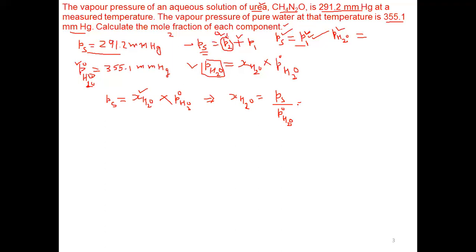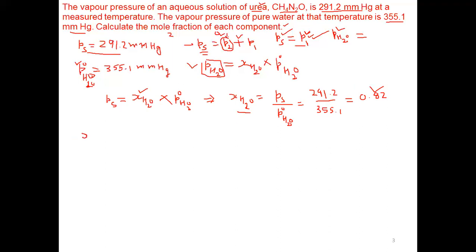Now the value of PS is 291.2, divided by P water, which is 355.1, and if we solve it, it will come out to be equal to 0.82. So this is the mole fraction of water in the mixture.